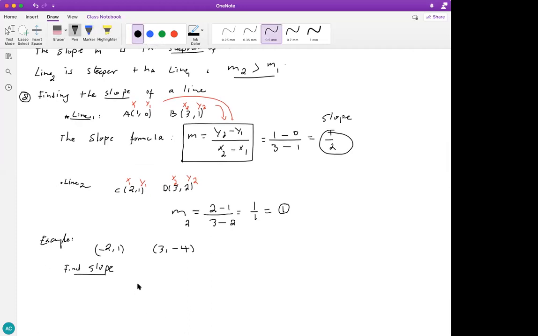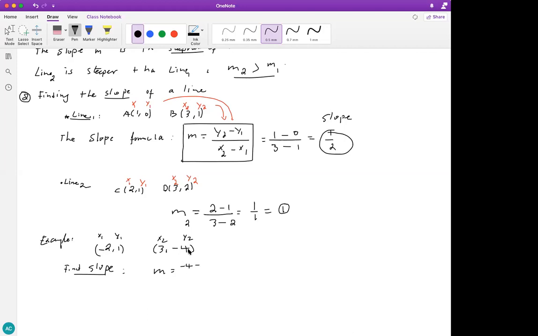So again, label your points X1, Y1, X2, Y2. Okay, so the difference of the Y's, just remember the top, just subtract the Y's, and the bottom you subtract the X's. In the same direction, you can do them this way, or you can do them the other way. It doesn't matter, as long as you do both in the same direction. So let's do Y2 minus this. Okay, so Y2 is -4.